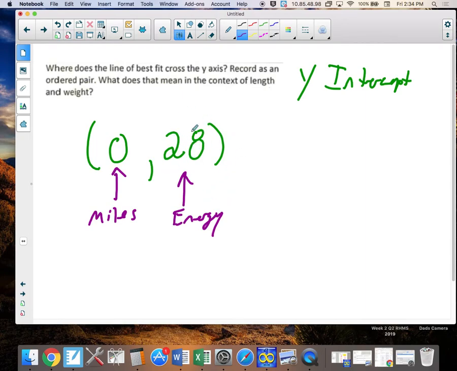If we want to talk about science and joules and things like that, 28 energy for 0 miles. So 0 miles, we have 28 energy.